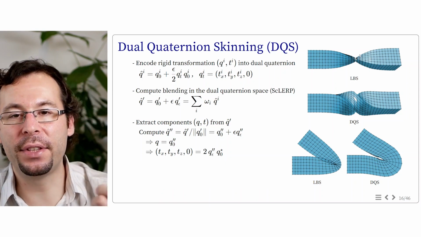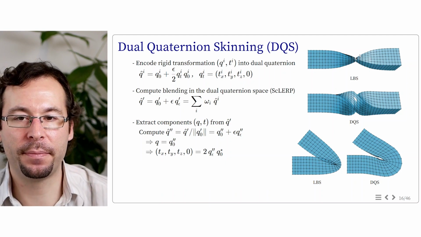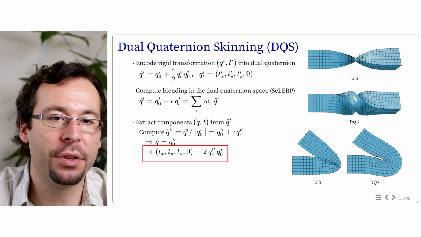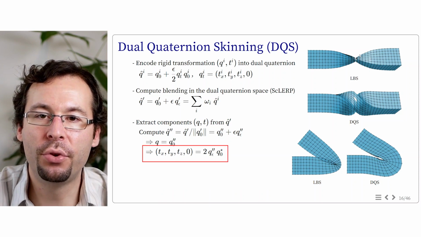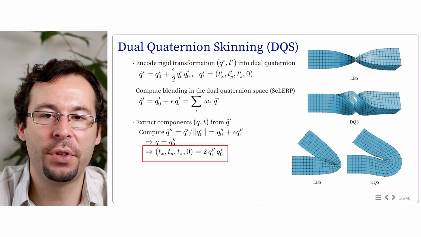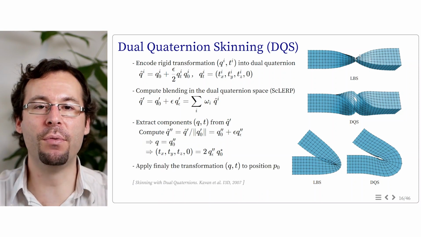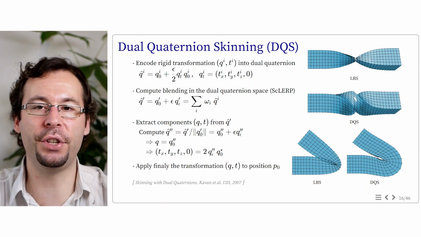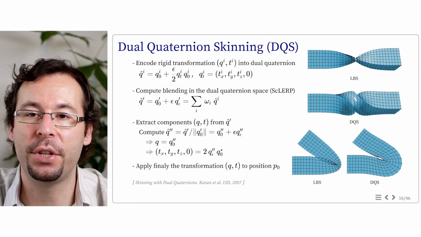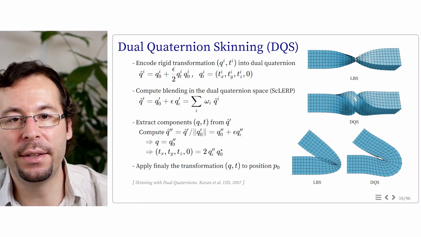And then we can identify the rotation part. And secondly, we can extract the translation component from the product 2 times Q epsilon prime prime times the conjugate of Q0. And finally, once we have the rotation and translation, we can apply them to the vertex position to generate the deformation.